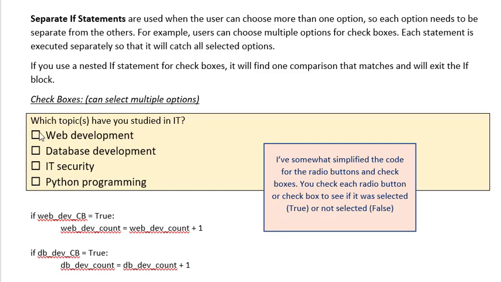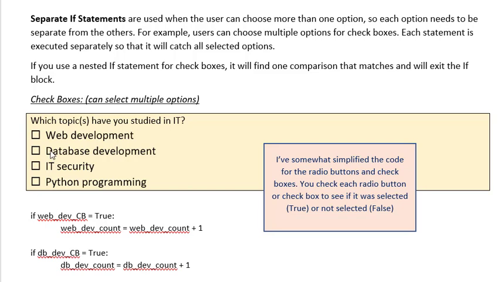If you used a nested if statement, like what we just talked about, what it will do is check this first checkbox, and if it's selected, meaning if it's true, it will execute whatever statement is below that. For example, add to the number of students who have taken web development, and then it will cut out and execute the line below the if function.